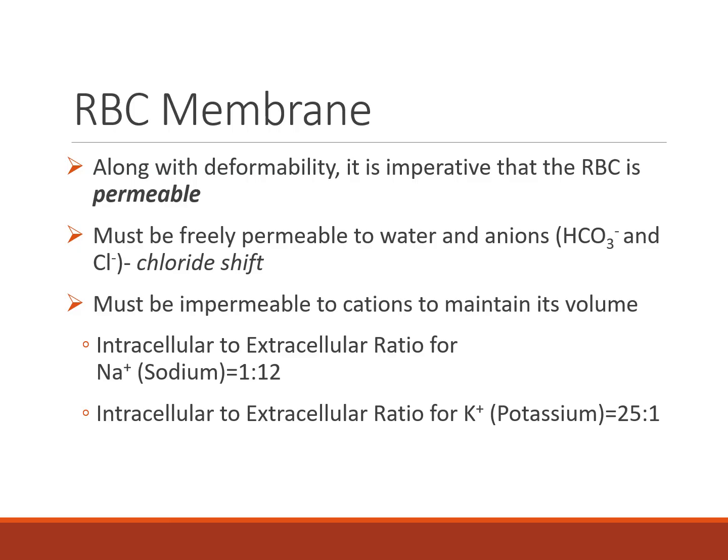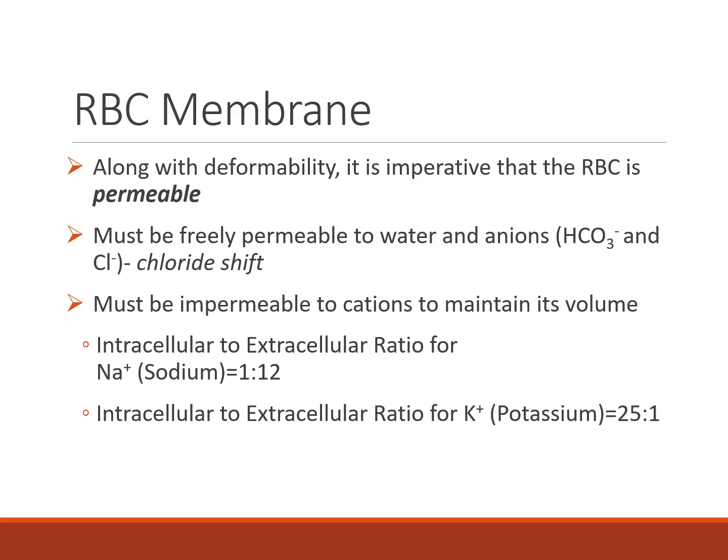So remember, cations are going to have to be selectively allowed in and out of the cell membrane in very specific ratios, okay? So for example, we have very specific intracellular to extracellular ratios for sodium. For every one sodium atom or molecule that is inside of the cell, we have 12 externally or extracellularly. And then the opposite is true for potassium.